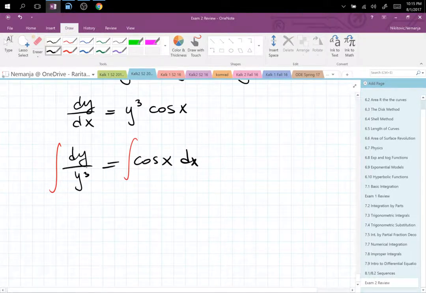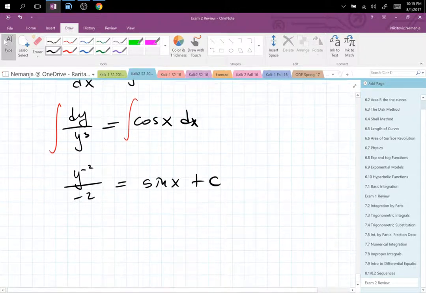on the left hand side, the integral of y to the -3 is going to be y to the -2 over -2. So this becomes y to the -2 over -2 on the left equals to integral of cosine is sine x plus c.